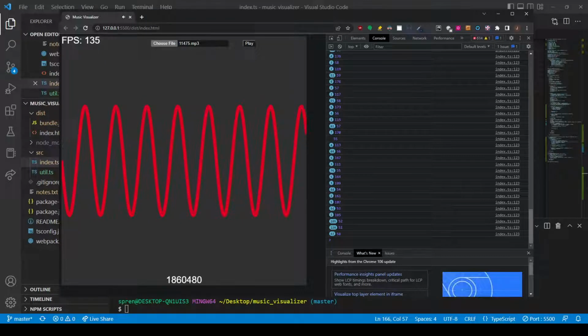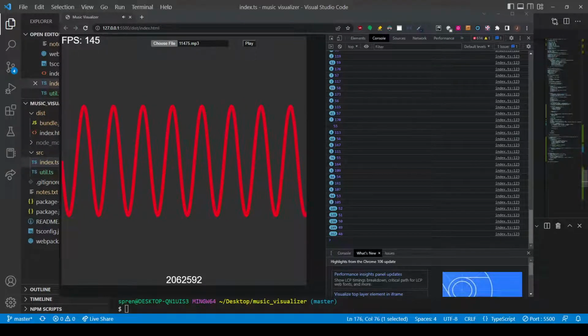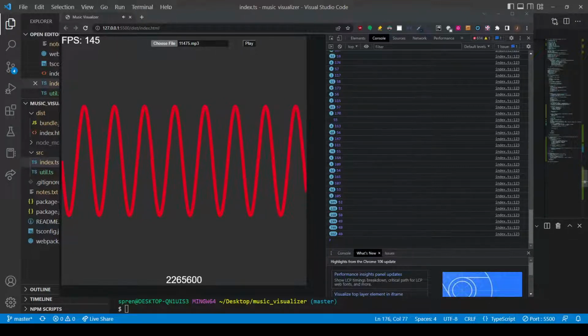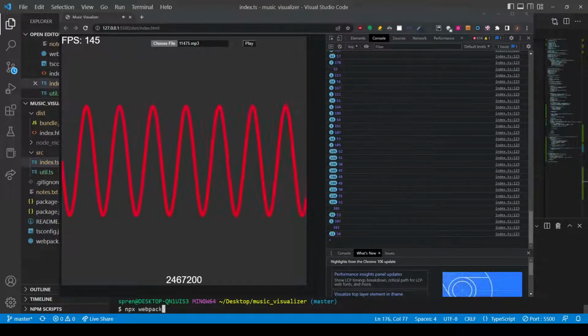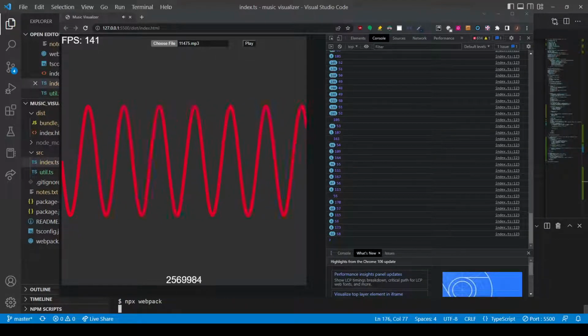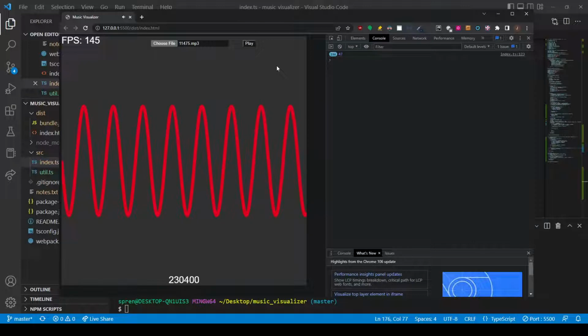Actually, maybe I could imagine why... Maybe... Okay. Huh. I'm gonna try 0.2. 0.2 might be a little bit too aggressive.